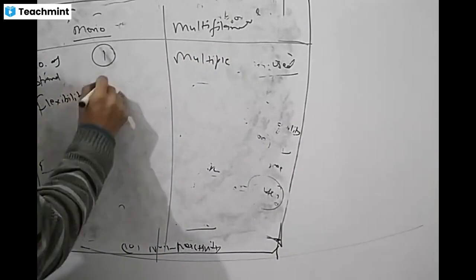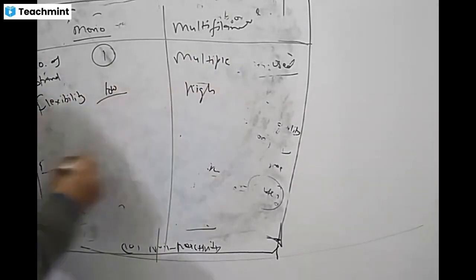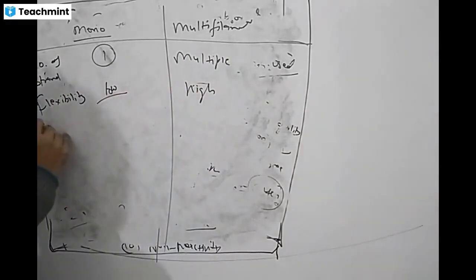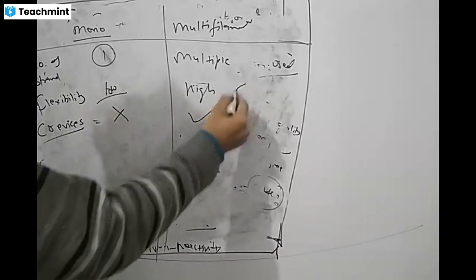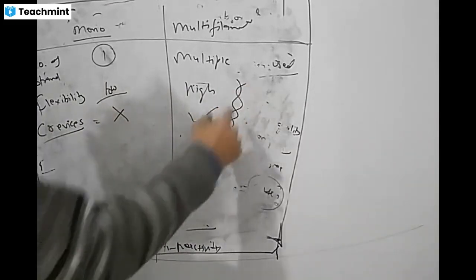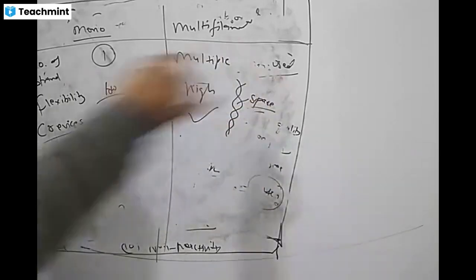Second is flexibility. Monofilament has low flexibility, multifilament has high flexibility. Next is crevices, spaces. These are absent in monofilament, and crevices are present because multifilament has many filaments. So in between the filaments are the spaces where bacteria may enter.